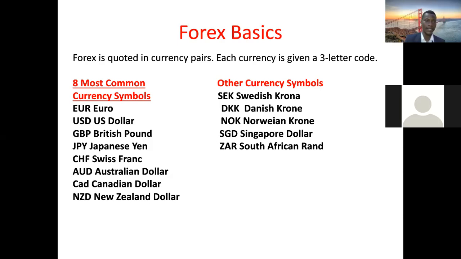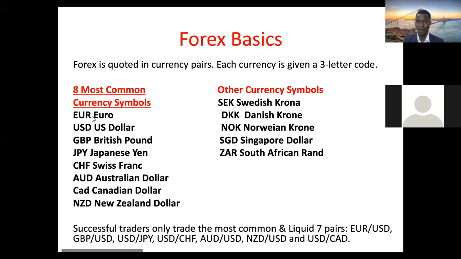So these are 8 common currency symbols. From the chart, number 1, we have Euro, which is EUR. USD stands for US dollar, GBP stands for Great Britain pound, JPY stands for Japanese yen, CHF stands for Swiss francs, AUD stands for Australian dollar, CAD for Canadian dollars, and NZD stands for New Zealand dollars.